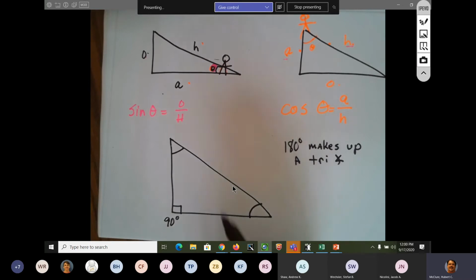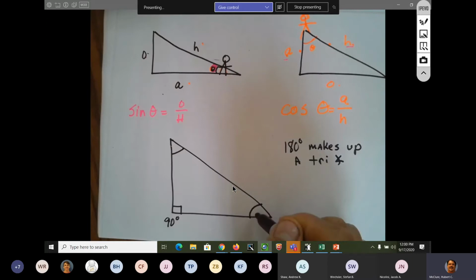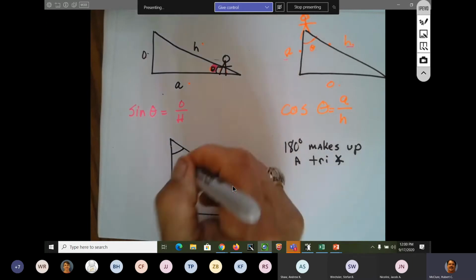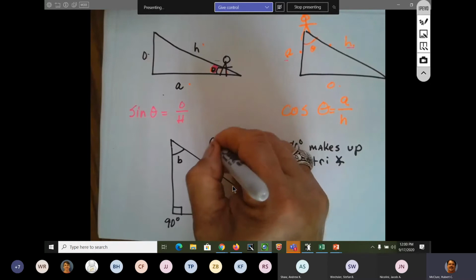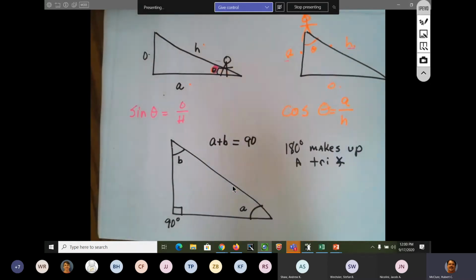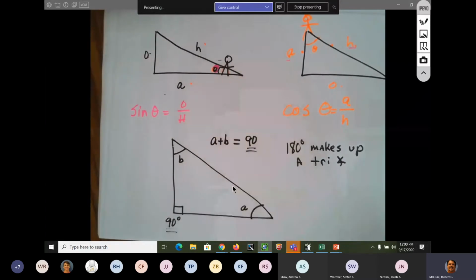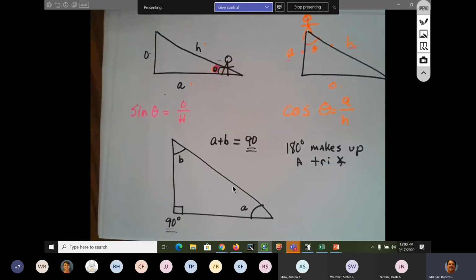This right here has got to be equal to 90 degrees with this one. So if this was angle A and angle B, A plus B has to equal 90 degrees, because this is 90, and 90 plus 90 is 180. So that's where they come up with that 90 minus the angle.